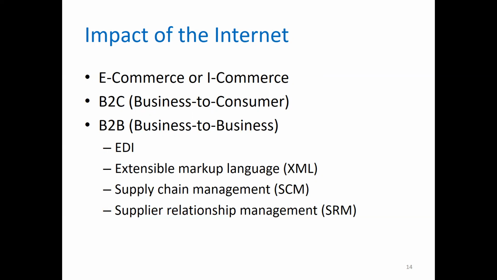With business to business came EDI, electronic data interchange, extensible markup language, XML, supply chain management, SCM, supplier relationship management, SRM. So if you look at these examples, what could be some of the possible examples of e-commerce, business to consumer, and business to business type of organizations?